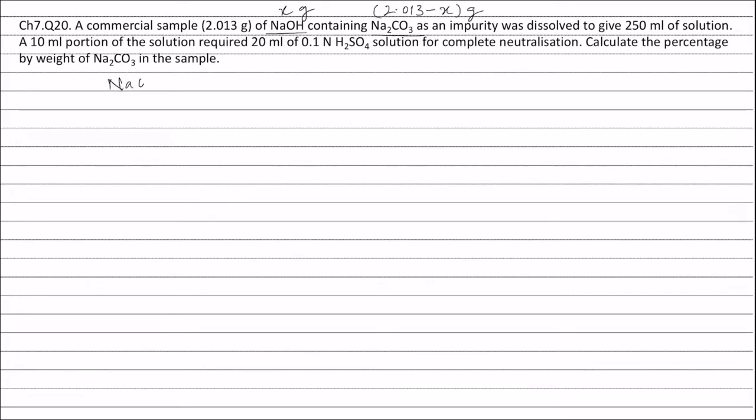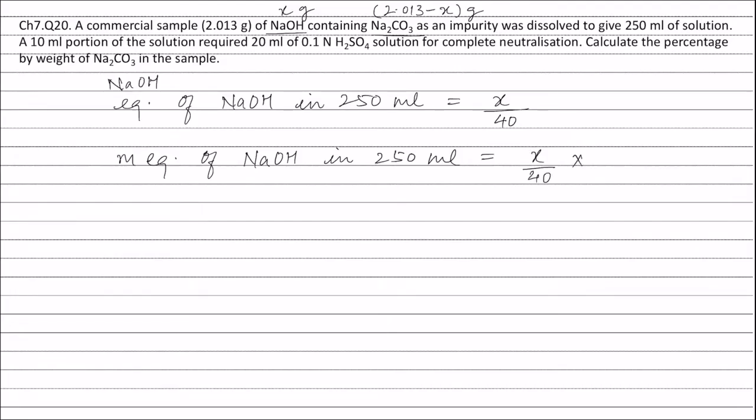Now for NaOH, equivalents of NaOH in 250 milliliters of the solution is equal to x by 40 equivalents, or milli-equivalents of NaOH in 250 milliliters of solution is equal to x by 40 into 1000 milli-equivalents.